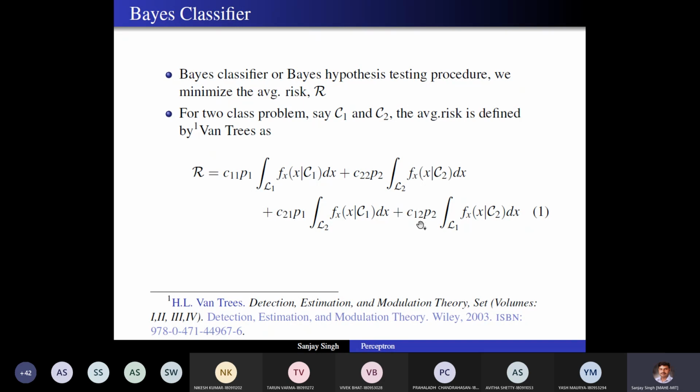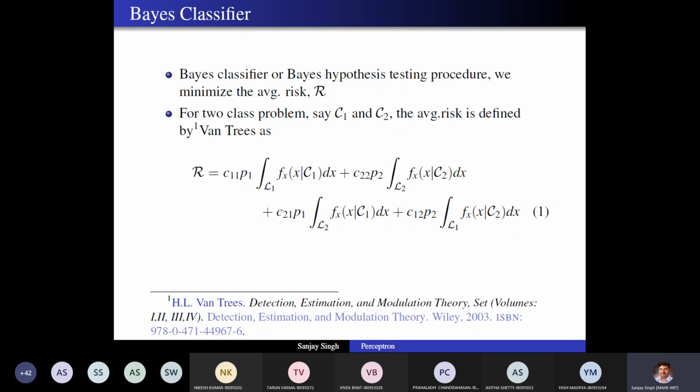Similarly, here if I say the cost of a pattern being classified to class 1, whereas actually it belongs to class 2, this is the cost. And when I say C22 and C11, it's very clear: the cost of classifying into class 1 when it actually belongs to class 1 only. So these factors are basically introducing the concept of misclassification, meaning cost incurred in the misclassification, whereas this is the cost incurred in the correct classification.